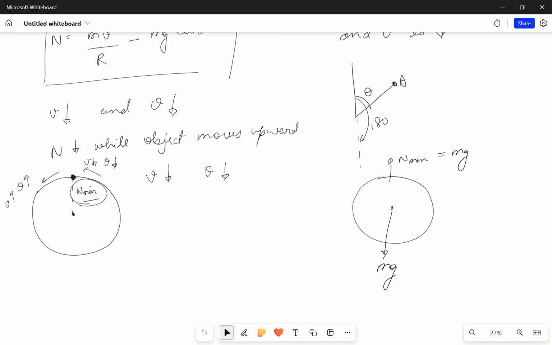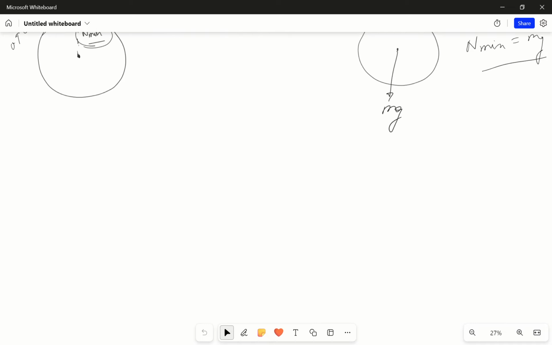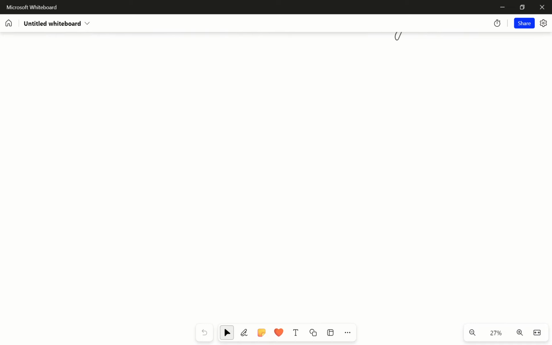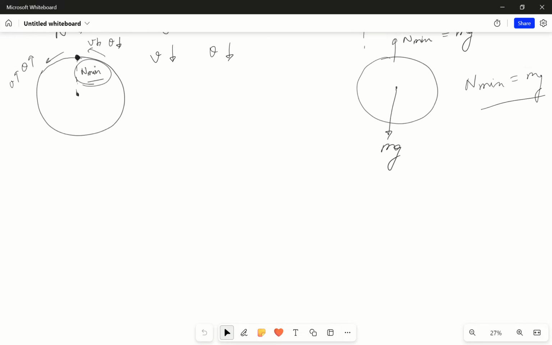So to leave the touch with the ground, the upward force and the downward force should be equal. So normal minimum equals mg, right? In this condition, the body will leave the contact with the ground. So we have to equate the normal at the top position with mg.